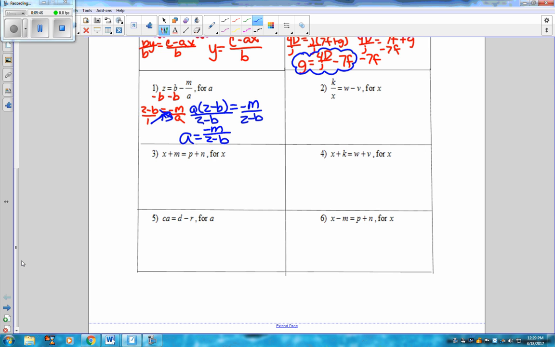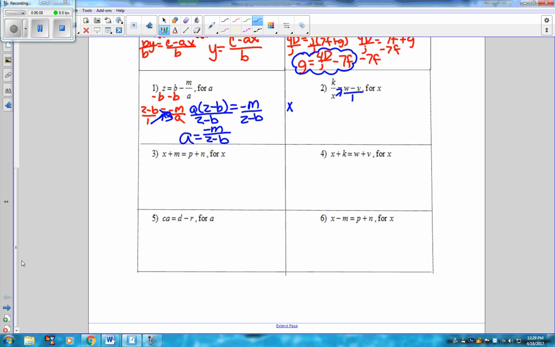So let's look at the next problem. K divided by x is equal to w minus v. Because I have a fraction on the left and the variable I'm trying to solve for is in the denominator, I'm going to do the same thing. I'm going to cross multiply. So I'm going to multiply x times w minus v.